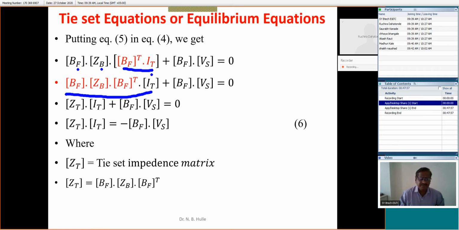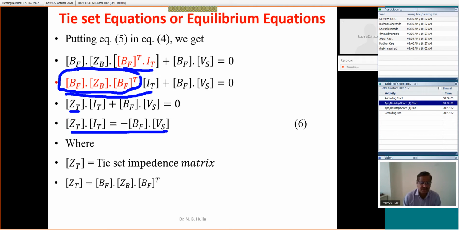Now here, in place of this total value, we are assuming something. We are assuming this as ZT. ZT is the tie-set impedance matrix, and the value of ZT is BF into ZB into BF transpose. IT as it is, BF into VS as it is, and this is our final equation.